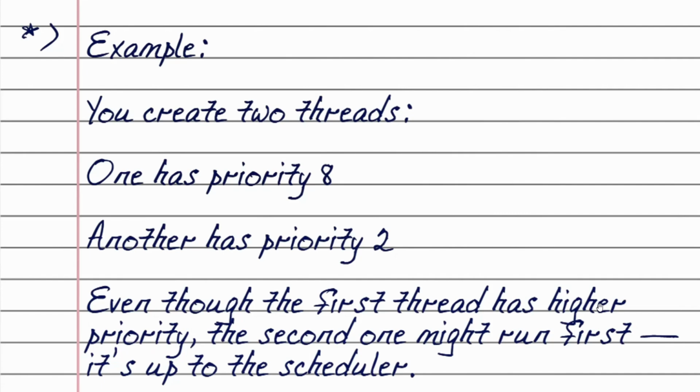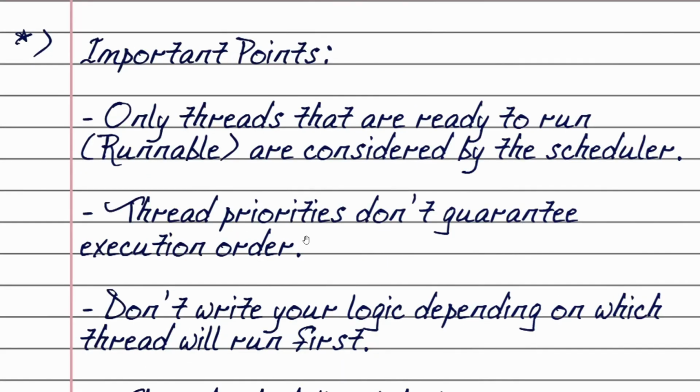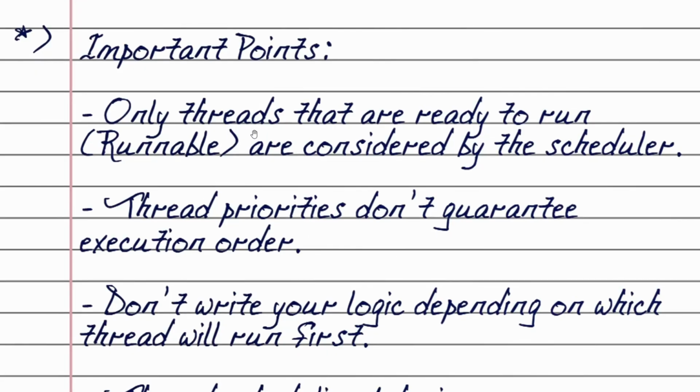It might happen. Now let's see some important points related to the thread scheduler. Only threads that are ready to run, that is runnable, are considered by the scheduler. So only those threads which are in runnable state are considered by the scheduler.